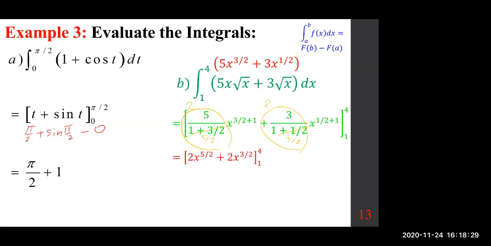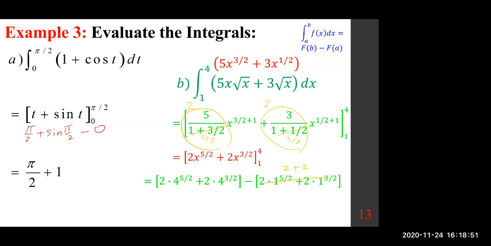2x to the power of 5/2 plus 2x to the power of 3/2. We evaluated from 1 to 4. So plug in 4, plug in 1. First, this one is 2 plus 2 or 4, okay, class? So minus 4, that part, because 1 to any power.